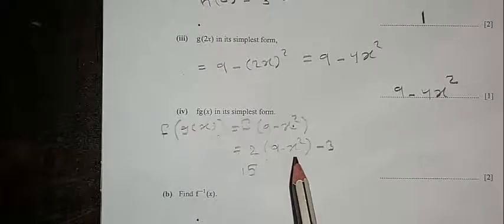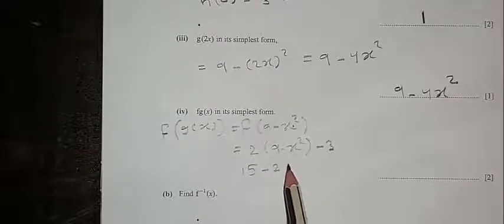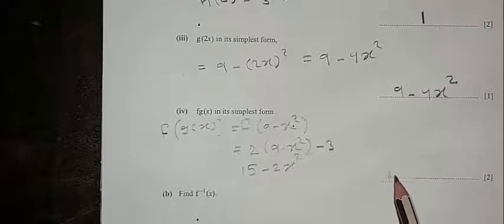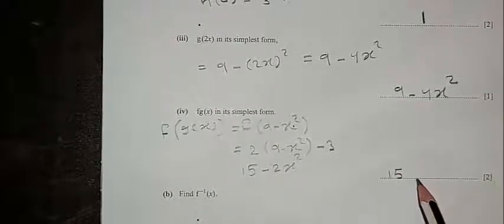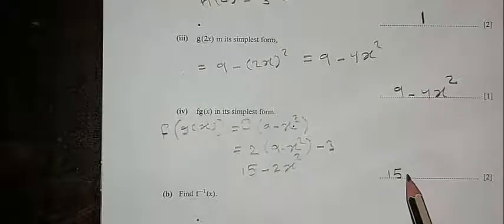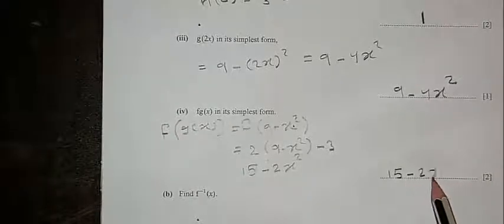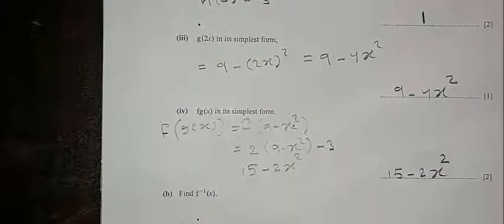And 2 times negative x squared is negative 2x squared. So the simplest form of this composite function will be 15 minus 2x squared.